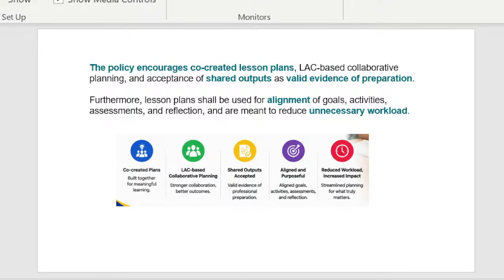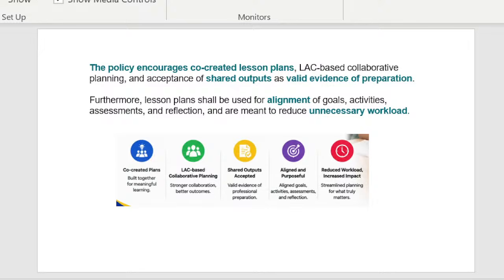So the new policy encourages co-created lesson plans, potluck-based collaborative planning, and acceptance of shared outputs as valid evidence of preparation.